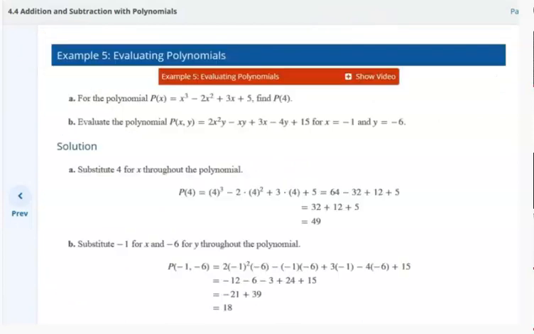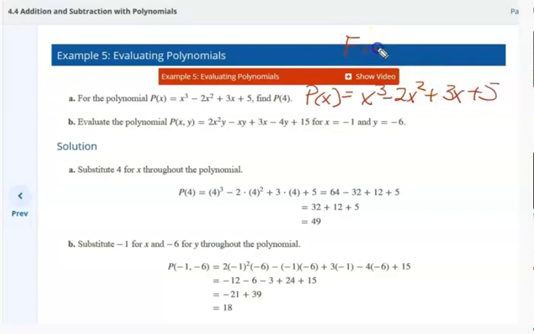Now, for example 5, I'm going to go to the whiteboard shortly, but I'd like you to write this part down. And it's this expression right here. So P of x is such that x cubed minus 2x squared plus 3x plus 5.